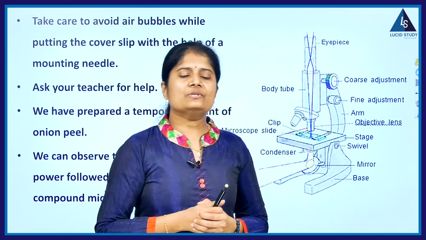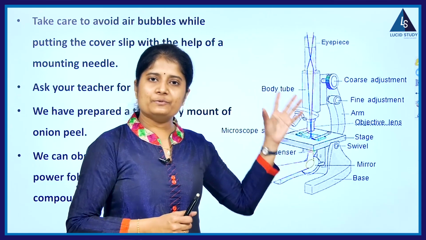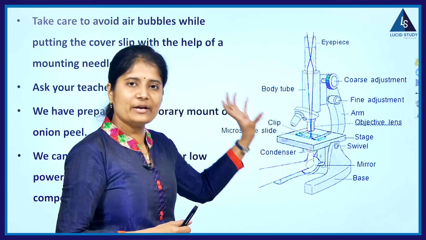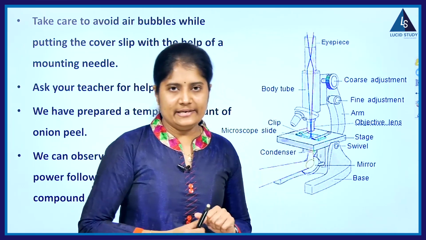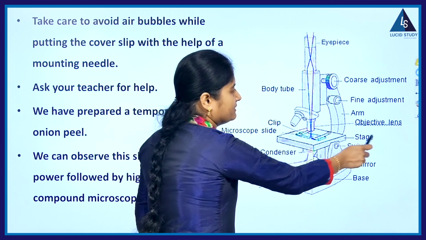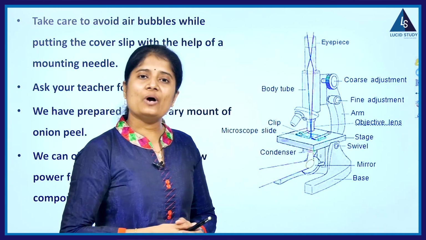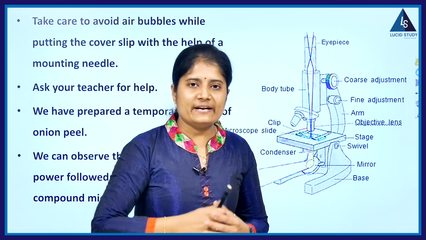Here we need to look at the microscope structure, as we have different microscopes. This is the compound microscope, in which objects can be viewed very clearly. You can see the objective lens here, which has high and low power, where you can view the objects at different ranges.